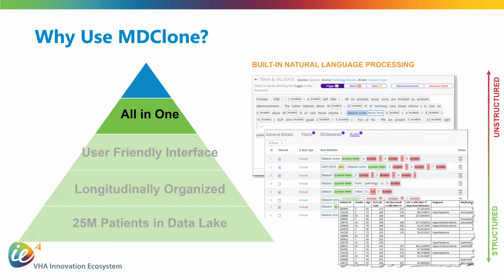So when investigators need unstructured data and they need to analyze that, they can target certain phrases from within notes, from within reports, such as pulmonary function tests, such as echocardiograms.